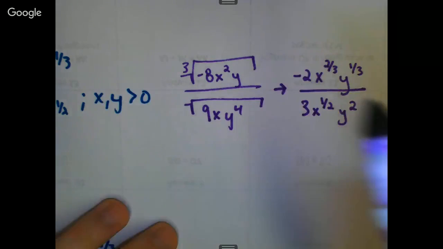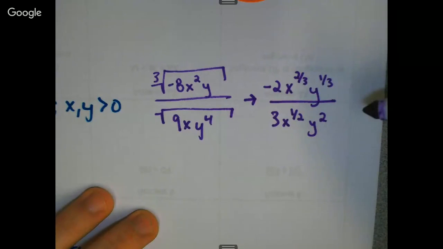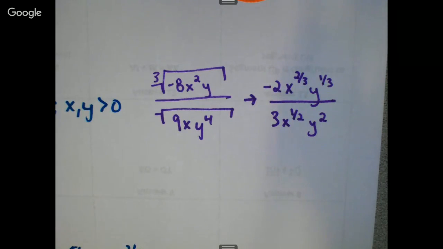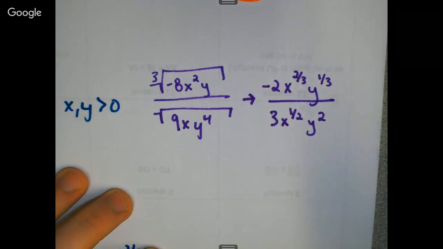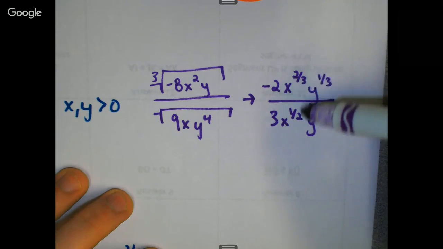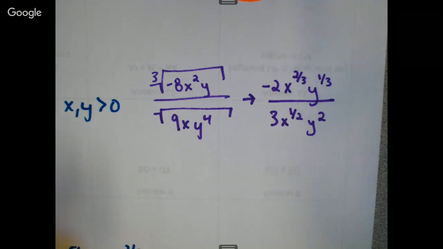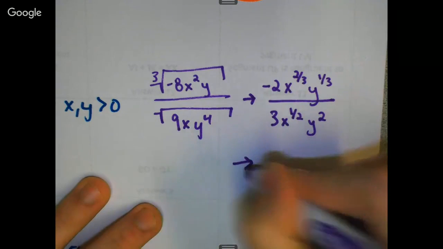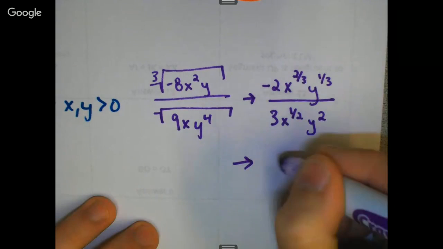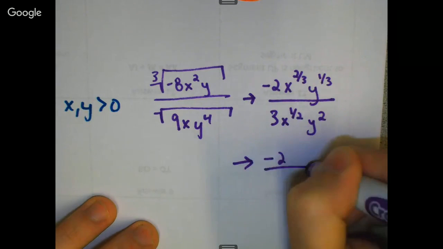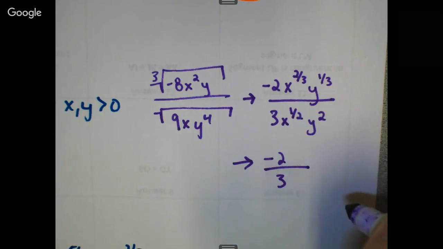All right, so notice I have x's on top and bottom, and we just need to simplify those out. So in this case, we will have to subtract. So we still have minus 2 on the top, 3 on the bottom.